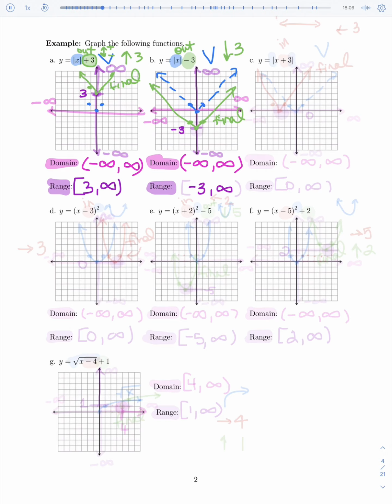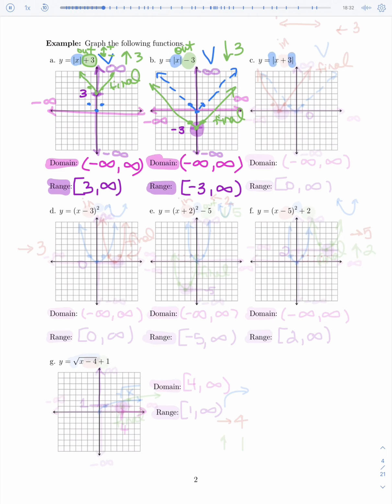Just like before, infinity will get a parentheses like always. However, because there is an actual point on the graph here at -3, we do want to include -3 in our range. So we're also going to need to use a bracket at -3. But that's it.